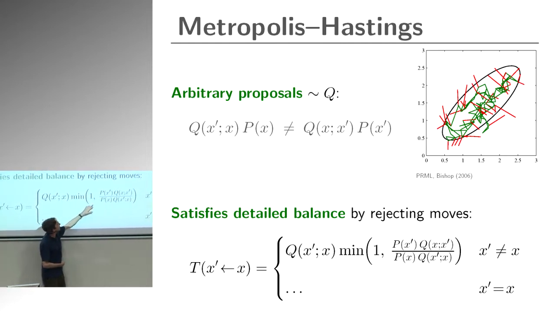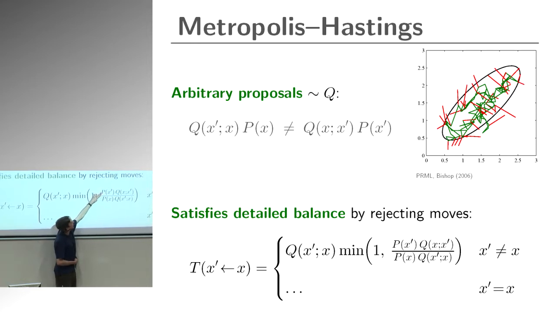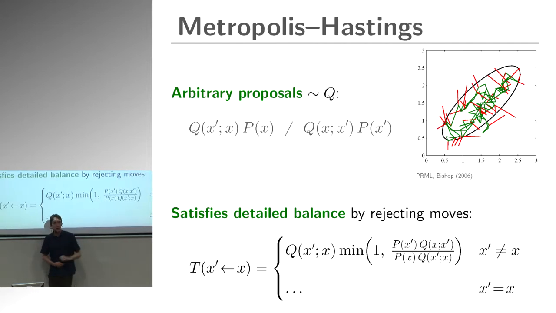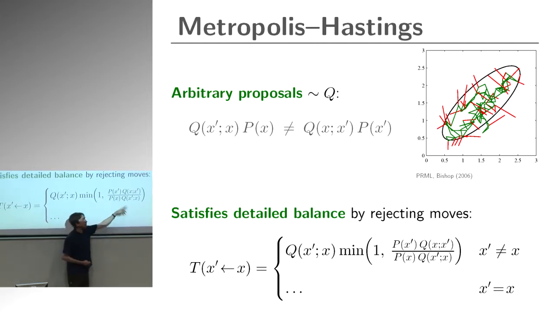That expression involves how good the new place is compared to the old place, and how often you propose going to the new place compared to the old place. So if the new place is good, you tend to go there. If you tend to propose going to this particular place a lot, then you'll get penalized for that and you won't go there. So if you derive Q from an optimizer and you always propose going to the same place, then this term will kill you because your probability of going back will be 0.